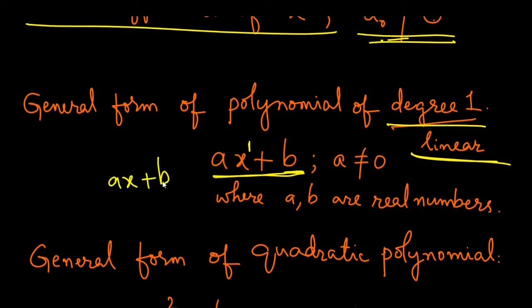Here a should not be equal to 0. If a is equal to 0, this ax term doesn't exist. So ax plus b is the general form of a linear polynomial. Suppose, let us say 2x plus 3. It is a linear polynomial.